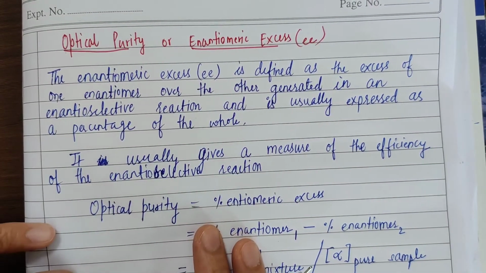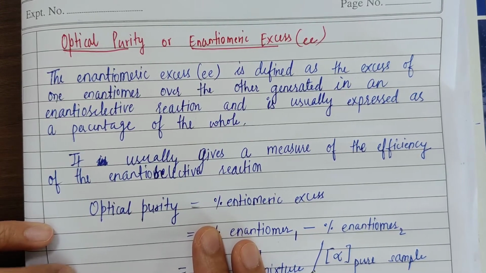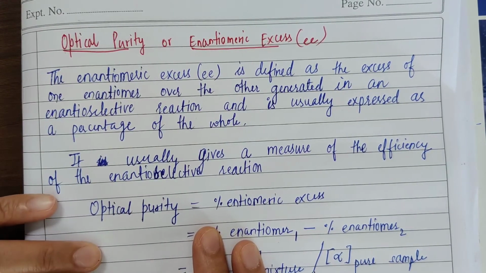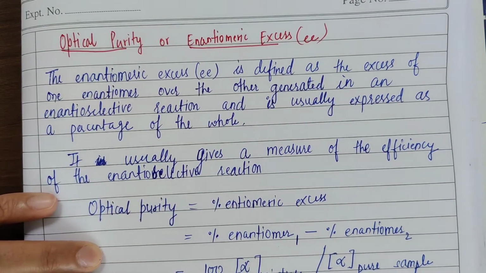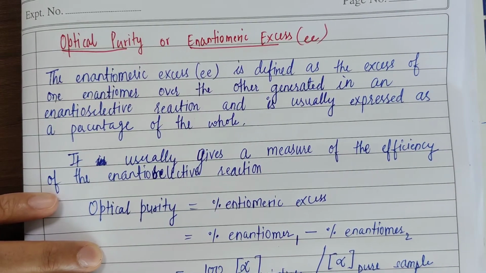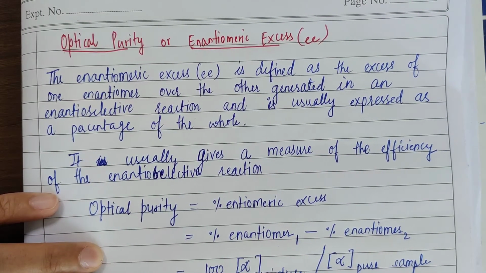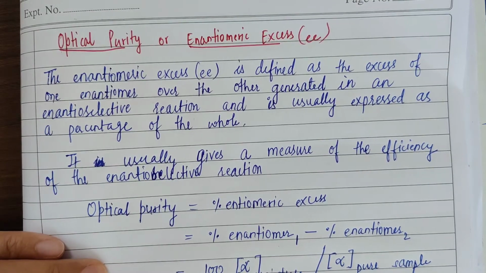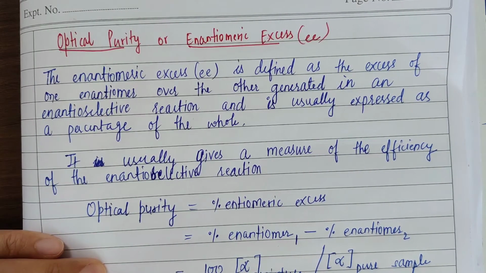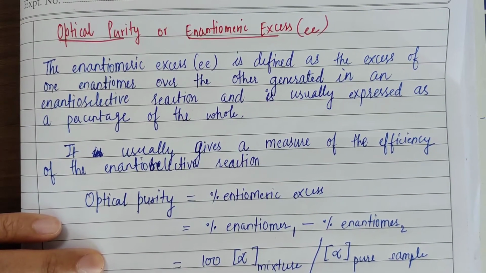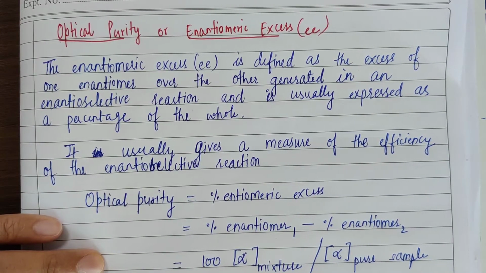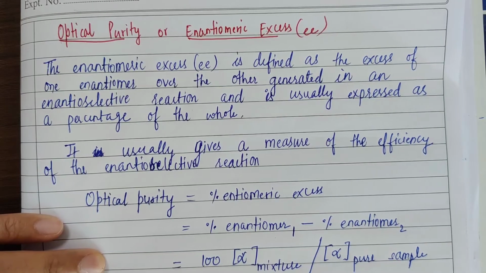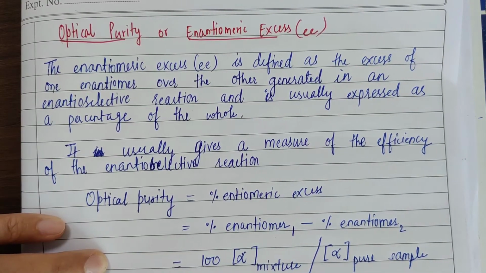Okay, next thing is optical purity or enantiomeric excess. Whenever you have an asymmetric synthesis, that means one of the enantiomers will always be formed in excess over the other. So you will have to check the optical purity, how pure your product is, how much of one enantiomer is there.